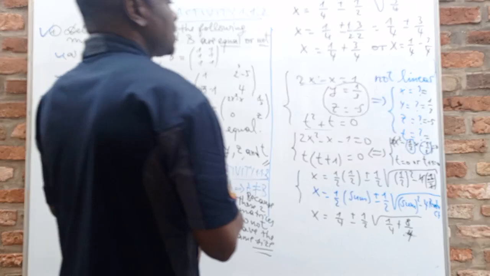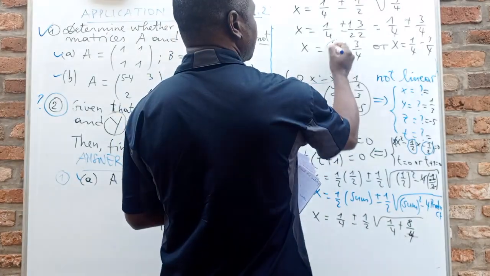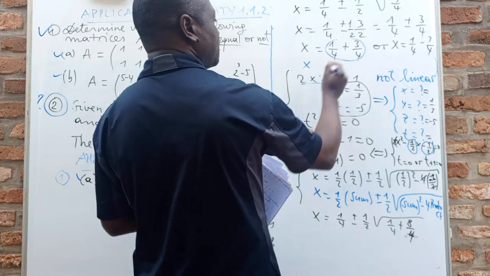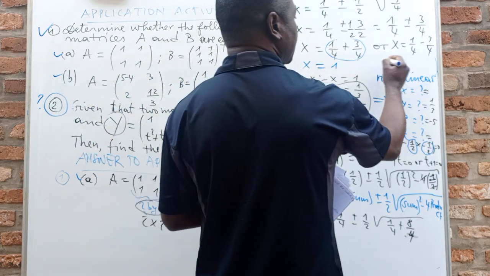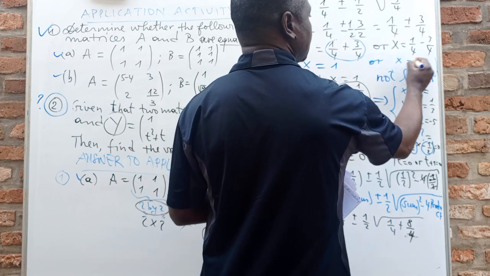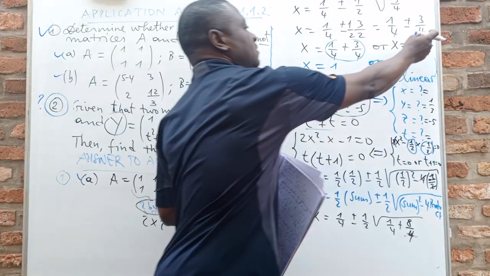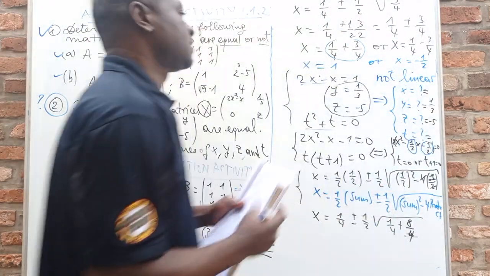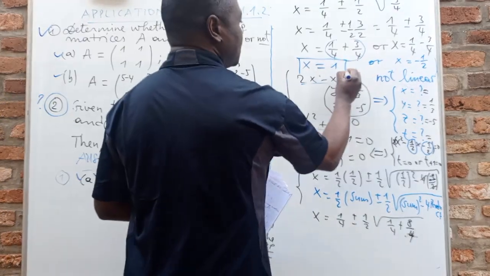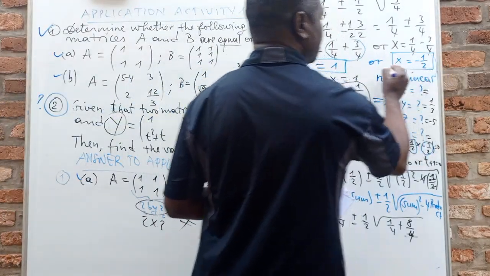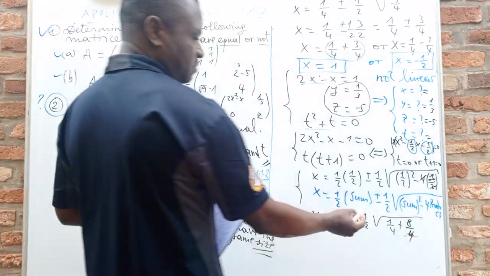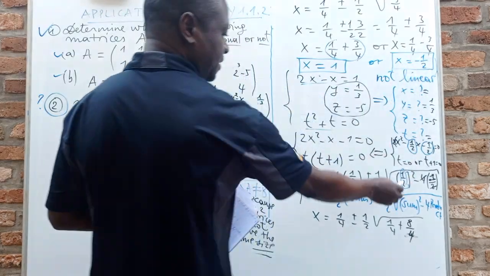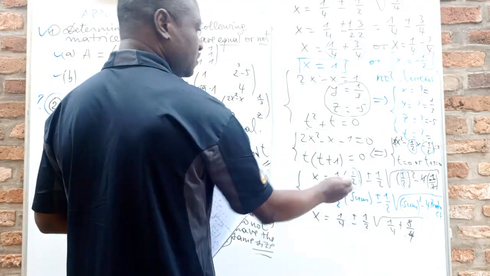This is equal to 1, because it's 4 over 4, so x is equal to 1, or x is equal to negative 2 over 4, which is negative a half. It is clear that the sum of these two solutions is a half, because 1 minus a half is a half, which is the sum of roots.